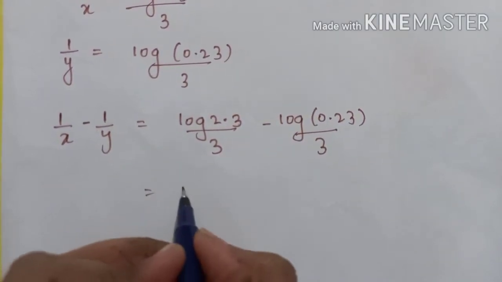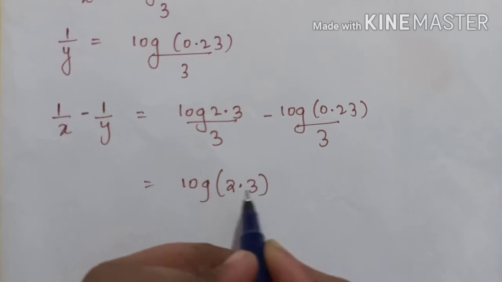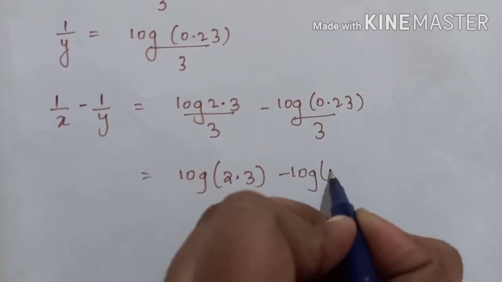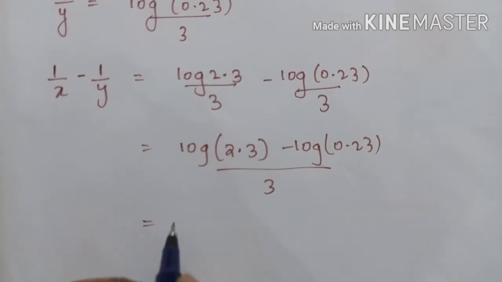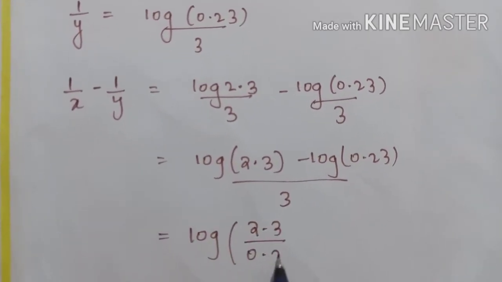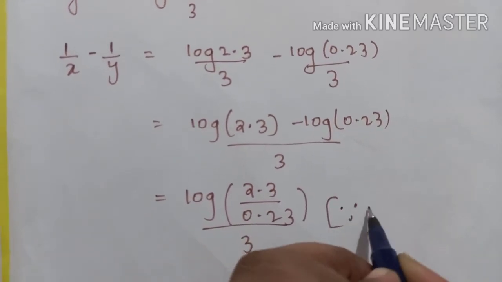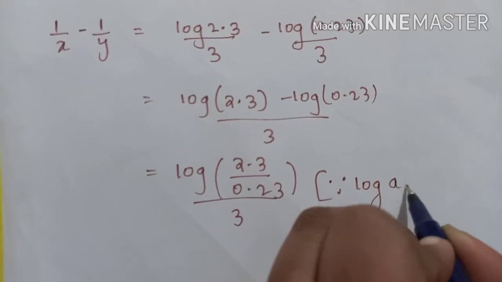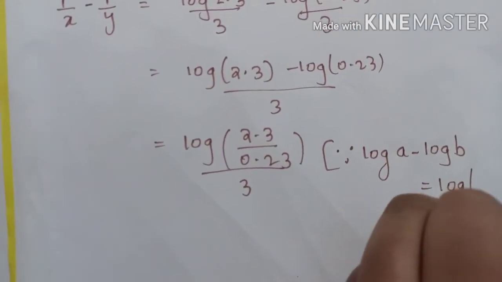The denominators are the same, so we can directly subtract the numerators. Log 2.3 minus log 0.23, all by 3, and this will be log of 2.3 by 0.23, by 3, which belongs to the property log a minus log b equals log a by b.